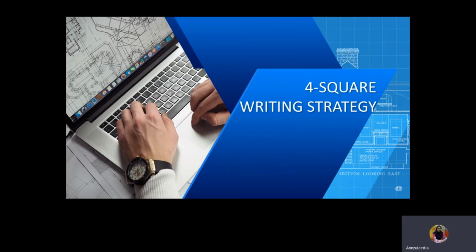She carried out this strategy with her students in primary school. She used this for several years and it proved to be very helpful for the teachers in her school and more importantly for the students in enabling them to write better essays. So credit goes out to her, and I'm just sharing and giving you examples of how the four square writing strategy can be used in your class.